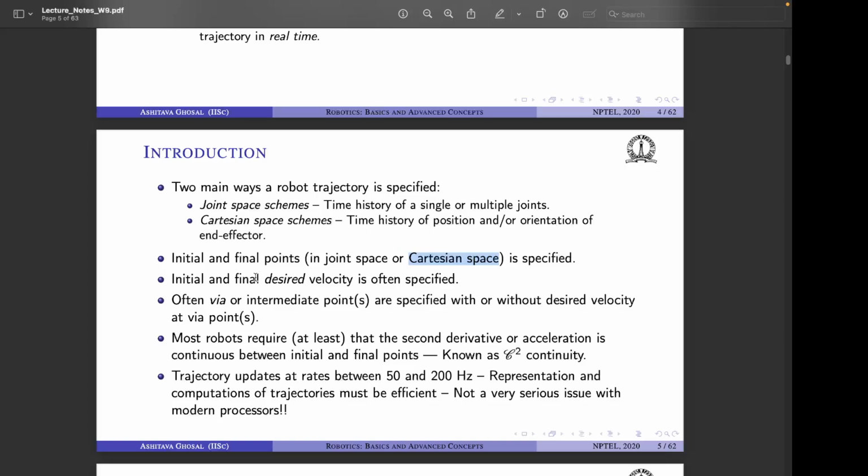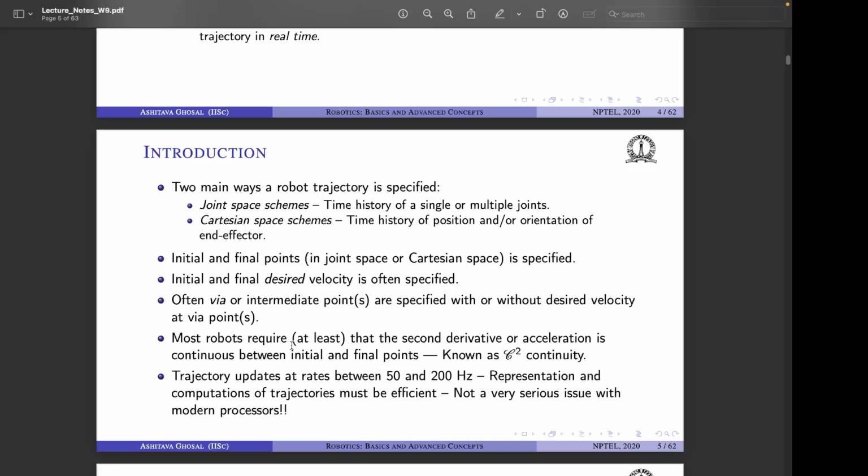We can also specify the initial and final desired velocity, and we can also specify a few points through which the end effector or the joints must pass through, right? That is an extra layer of information.